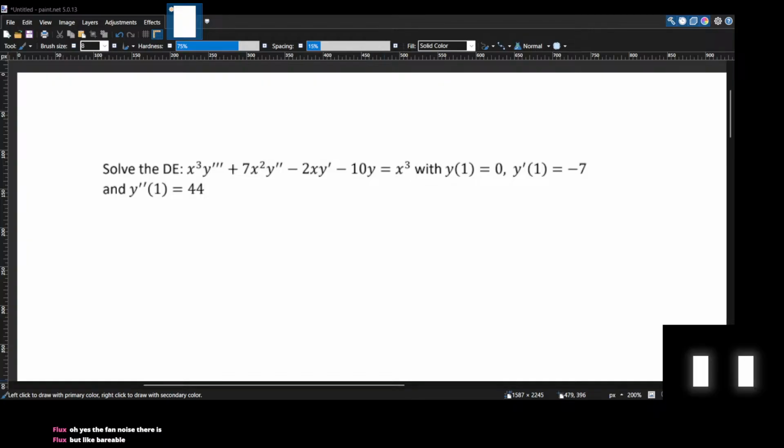Let me try and apply a little bit of filter. There it is, noise suppression. Suppression level very high. How does that sound? No more fan noise.